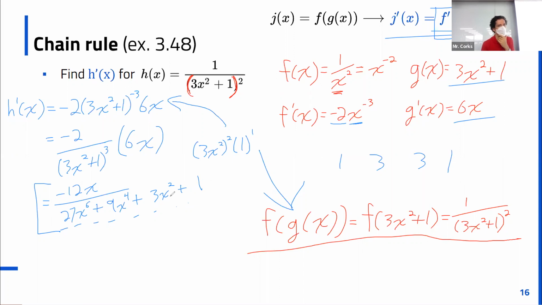They have to keep reducing though. So it's 3 cubed, 3 squared, 3 to the exponent 1, 3 to the exponent 0. This one is 9. But our third term would be 3x squared to the exponent 1 times 1 squared.